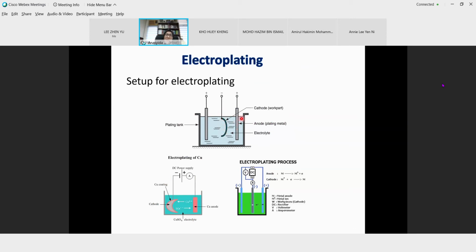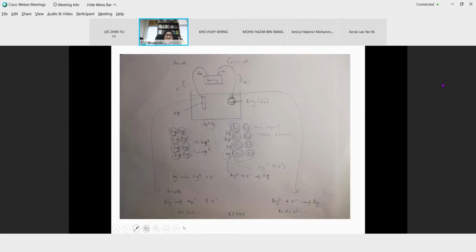And this is the material that you're going to put on this part. So it becomes the anode. When you recall back, the anode will oxidize and become M+, right? I have actually drawn here, tak berapa cantik. So just as such there.